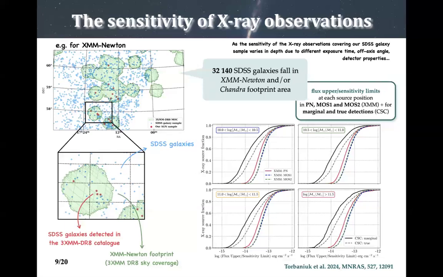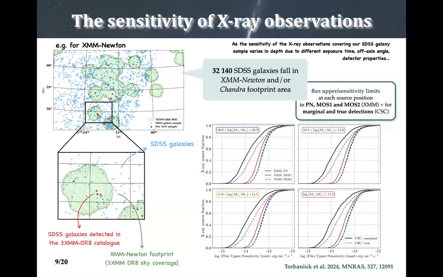So we need to correct the number of our sources using the different sensitivities. We found out how many SDSS galaxies fall inside the area of observation of XMM and Chandra, and for each galaxy position we calculated or retrieved the flux upper limit.